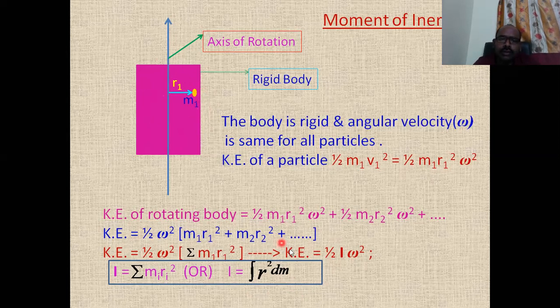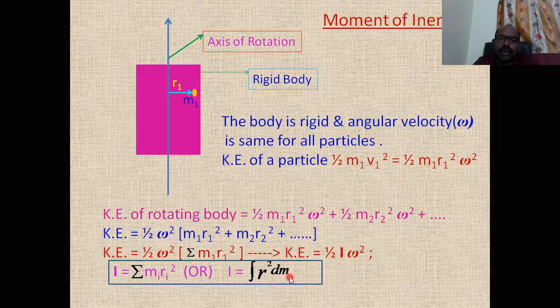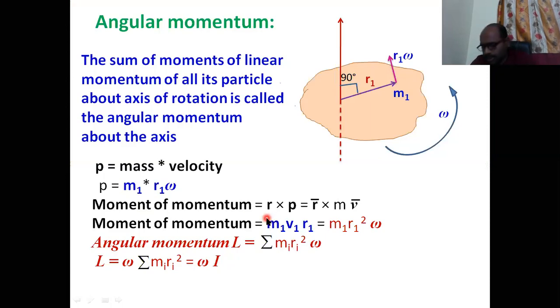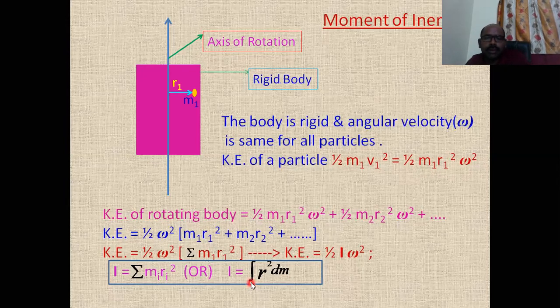To calculate the moment of inertia of the total body, we integrate such that we get the total mass. The same principle is applicable to the entire mass. So this is the moment of inertia equation for continuous mass distribution, and the other is for discrete mass distribution.